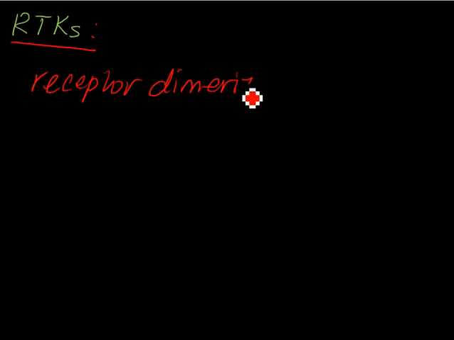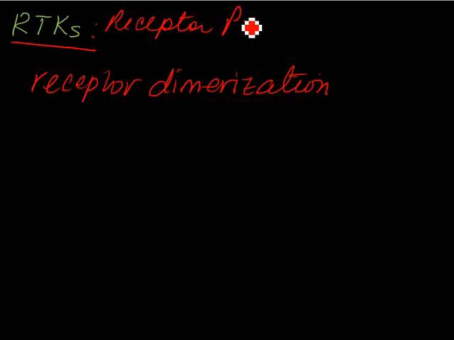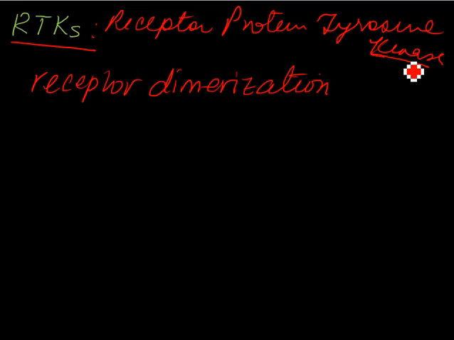Binding of specific extracellular ligand to RTK usually results in receptor dimerization. That's the important point here. The receptor dimerizes when the ligand binds to it, followed by the activation of the receptor's protein kinase activity. Now, just from the name, because it says receptor protein tyrosine kinase, it means it has kinase activity.